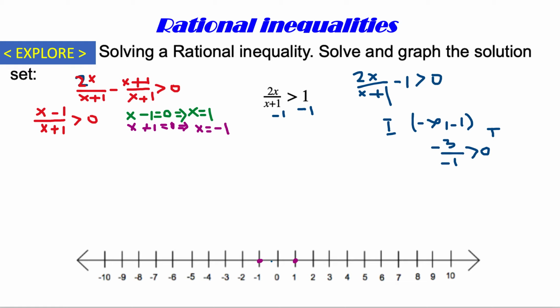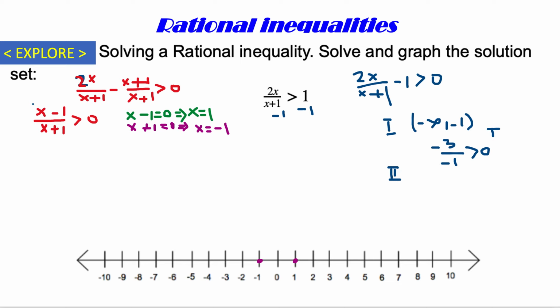But first let me see region 2, from minus 1 to 1. For this interval, I am taking 0 to test in this inequality.